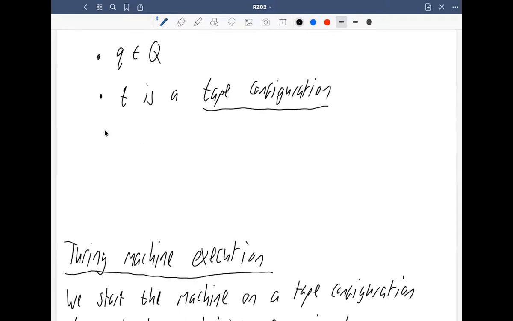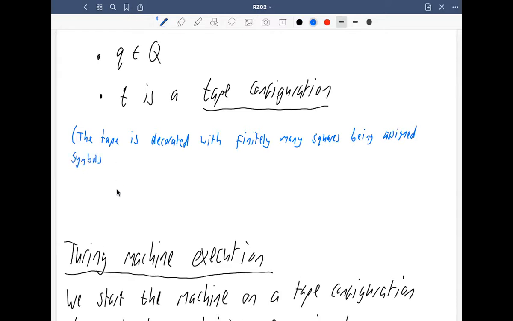So the tape configuration is, let's write this in blue because it's a bit informal, the tape is decorated with finitely many squares being assigned symbols in gamma.